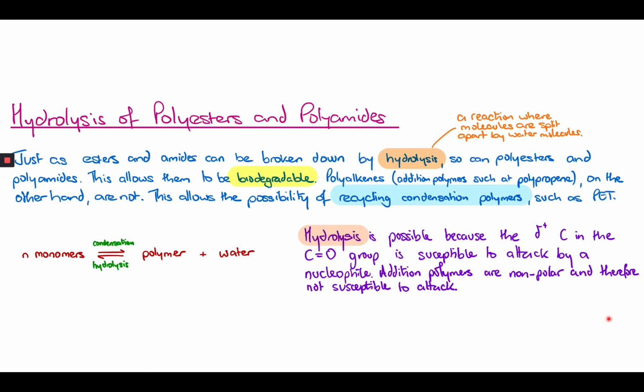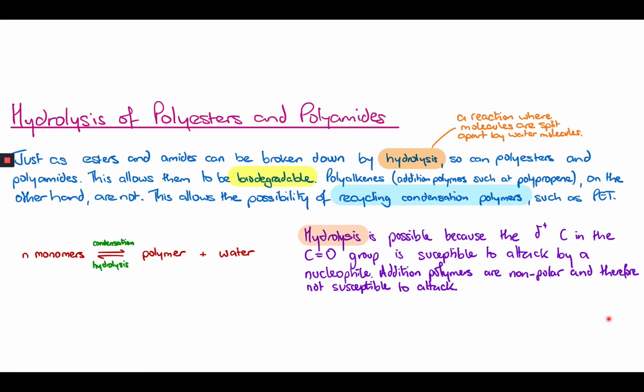Conversely, it's not just about why polyesters and polyamides can undergo hydrolysis. We've also got to consider why it is that addition polymers do not undergo hydrolysis, and the way that we would refer to that is that they are non-polar molecules, or that their bonds are non-polar, and that means they are not susceptible to attack. So that nucleophilic attack is not going to happen. So we're not going to be able to break either the ester or amide linkages apart.